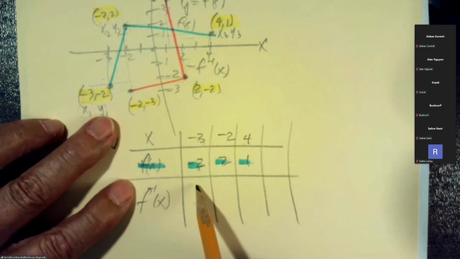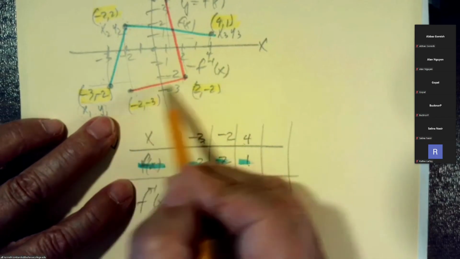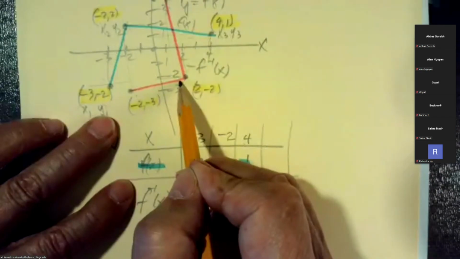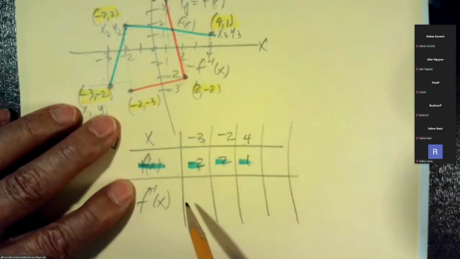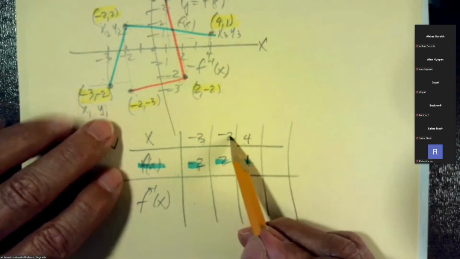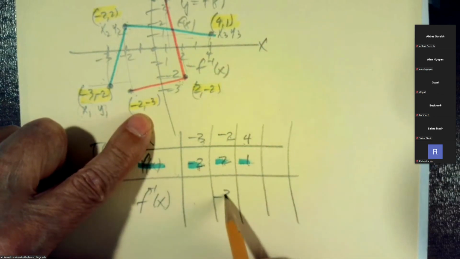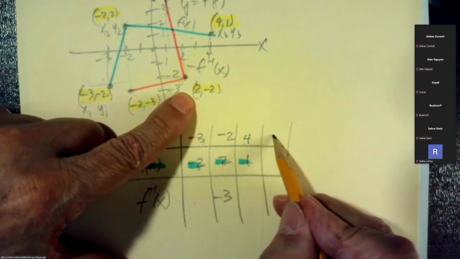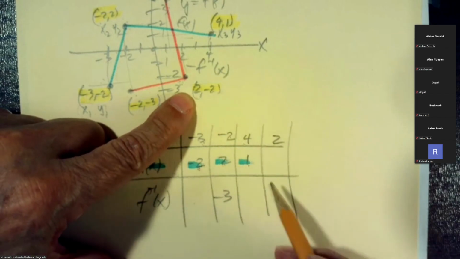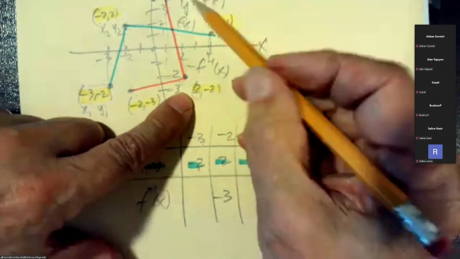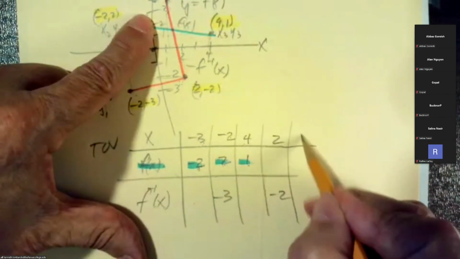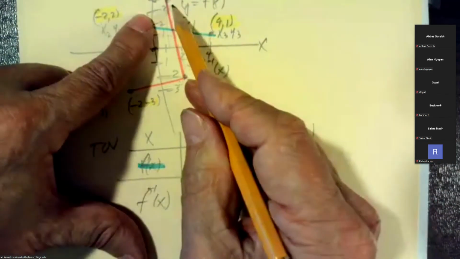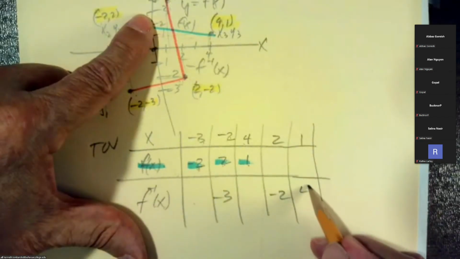So I could plot these values, but what I'm plotting is what I've got in the pink line here. When x is -2, this is -3. When x is 2, so if I come out here to 2, we're at -2. And if I'm at 1, then I'm up at 4.